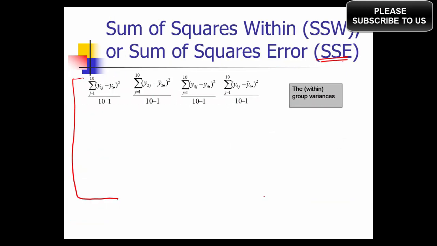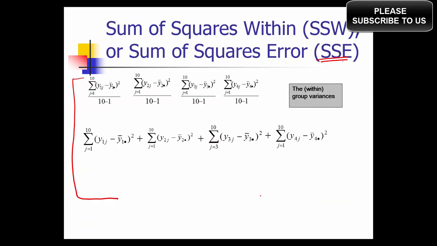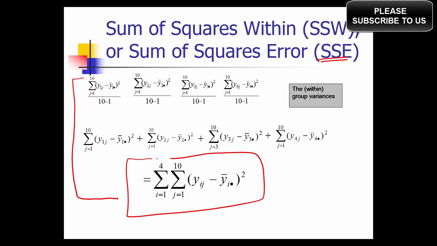It's just an additional slide in which we have shown what this is. You can summarize this in this particular small expression, and we call that SSW or SSE. Henceforth we will just use the short form. W is for within, or we can call it error, because it has some relationship with linear regression.